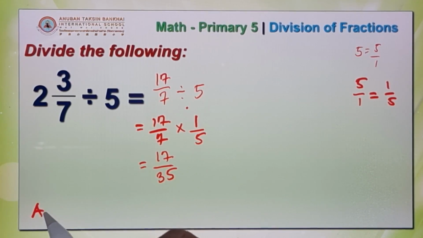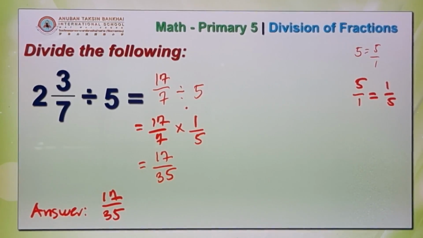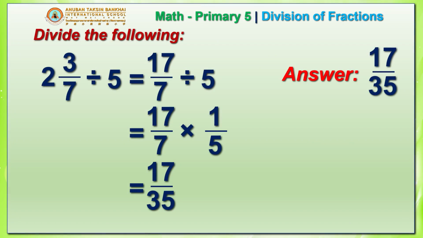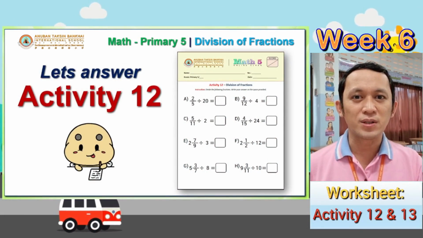So our final answer is 17 over 35. As easy as that. Now you know already how to divide a fraction by a whole number. So now let's answer your activity number 12.